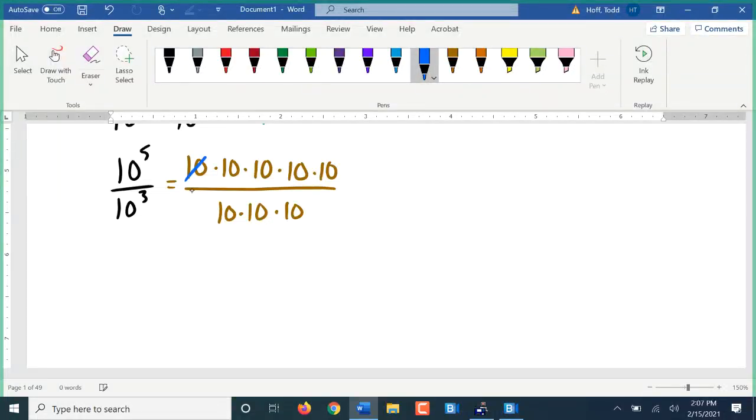I can divide out a 10, I can divide both by another 10, and I can divide by another 10. On the bottom, if I divide by 10 3 times, I'm left with just 1. All the 10s have divided out. But it's not a 0. Remember, when we divide, we can only get ourselves down to 1. So that's a 1 on the bottom. On top, we have 10 times 10, which is just 10 squared. So 10 squared over 1 is just 10 to the power of 2.